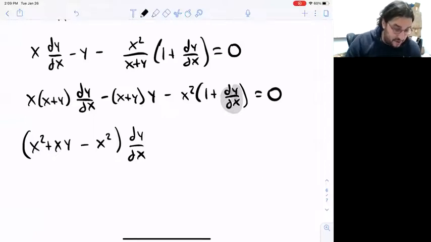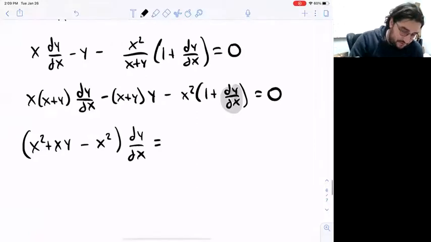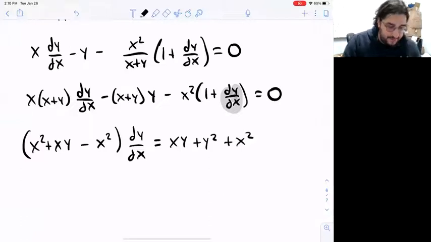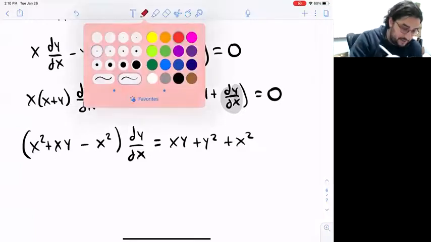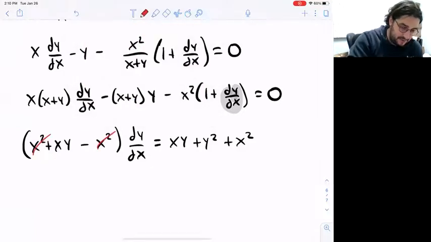Then we have all our non-dy dx terms, which I want to toss over to the other side of the equation. So what do I have? I have an xy, I have a y squared, and I have an x squared, and they're all negative on the left-hand side. So when you put them on the right-hand side, they all become positive. Then these x squareds cancel, so then I have just xy times dy dx.